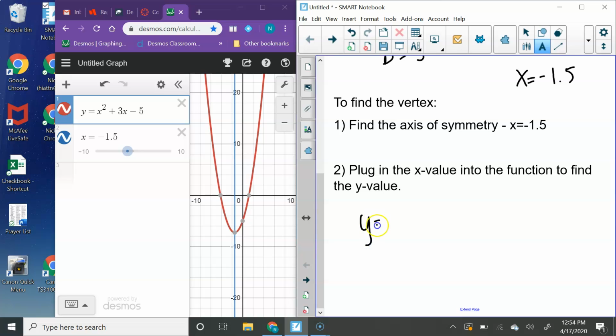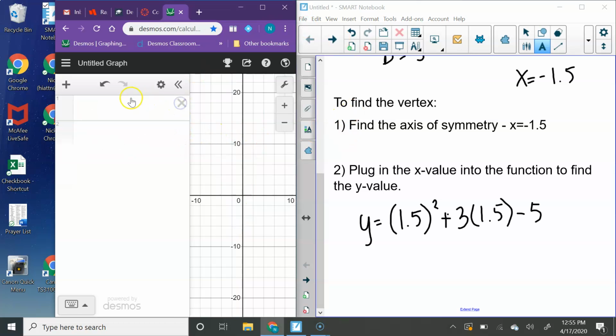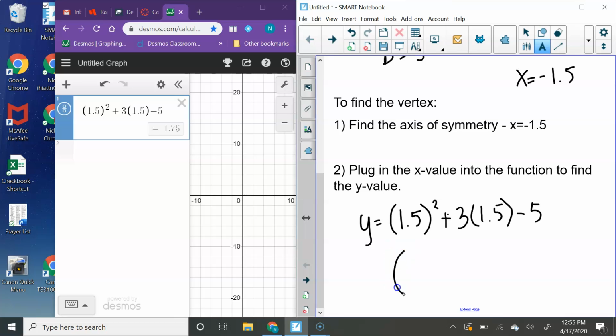So I'm going to say y equals 1.5 squared plus 3 times 1.5 minus 5. And if I type that into Desmos, that gives me 1.75. Oops, I've messed up because that should be negative right there.